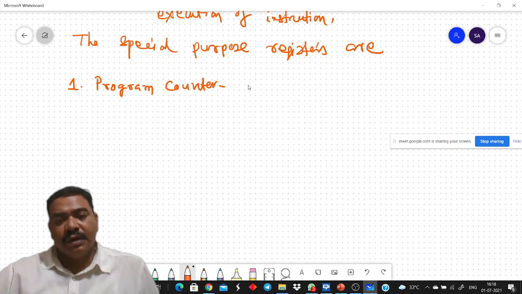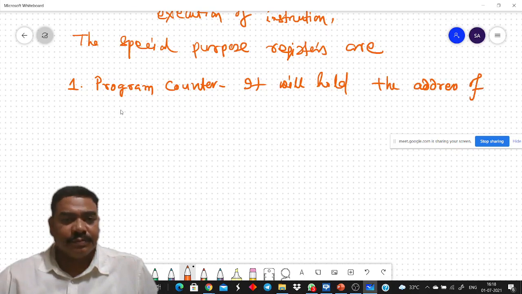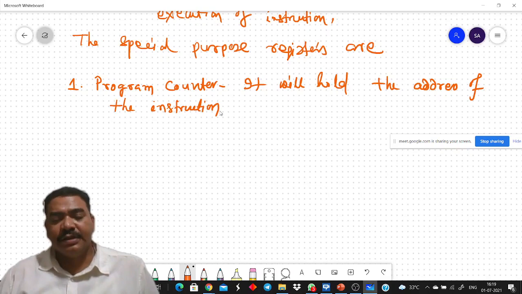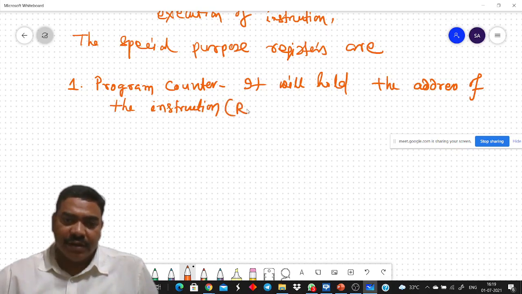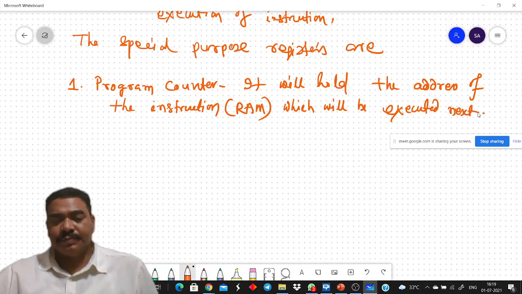The program counter will hold the address of the instruction that is present in the RAM, which will be executed next. So the first one is the program counter.